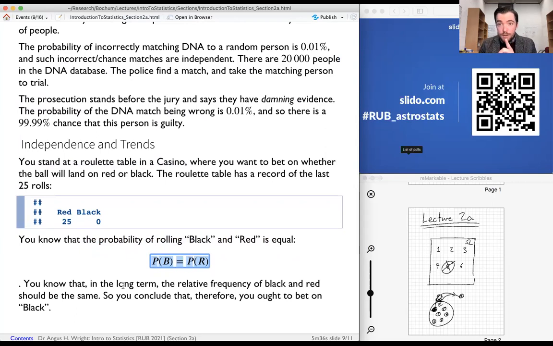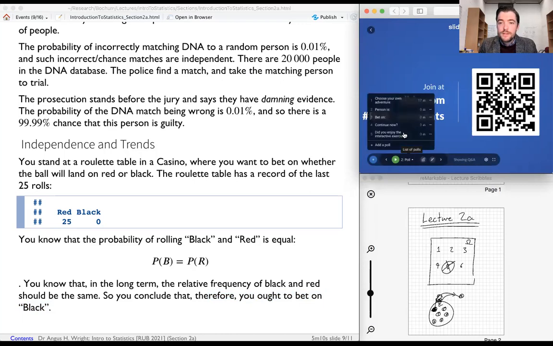You know that given the law of large numbers that we just looked at, in the long term, the relative frequency of black and red should be the same. And therefore, you conclude that you ought to bet on black. That's the logical choice. Okay? These are our two outcomes, our two possibilities.